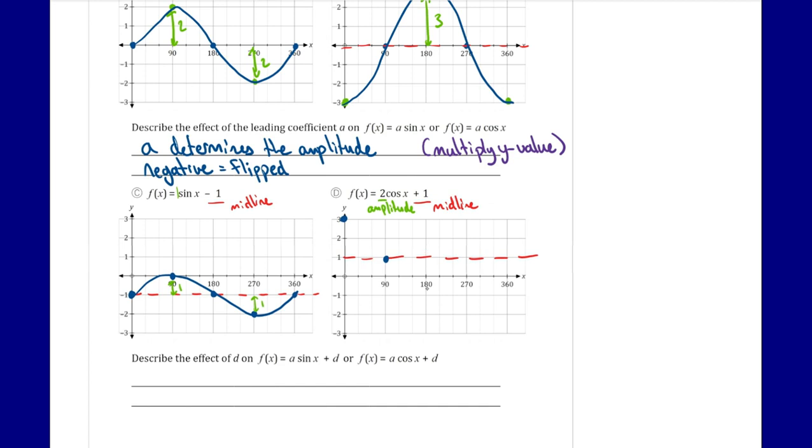At 180, I'm at my minimum, so 2 below because of my new amplitude. At 270, I'm at the midline. At 360, I'm at my maximum, or 2 above. If I draw my line in and connect them, I see that my amplitude is not 1, it is 2, and we can see that as well.